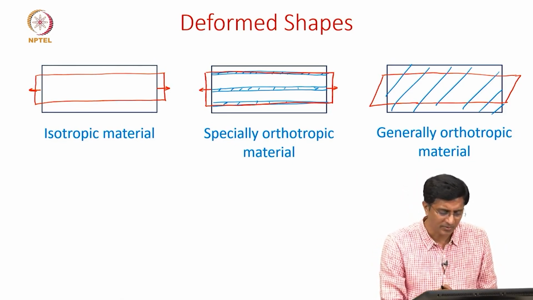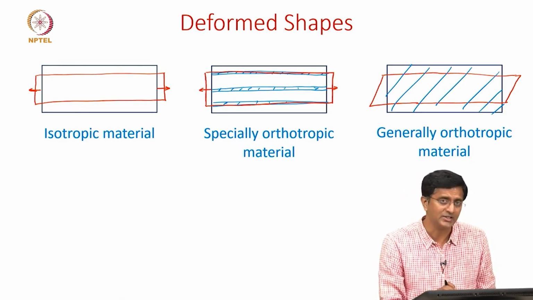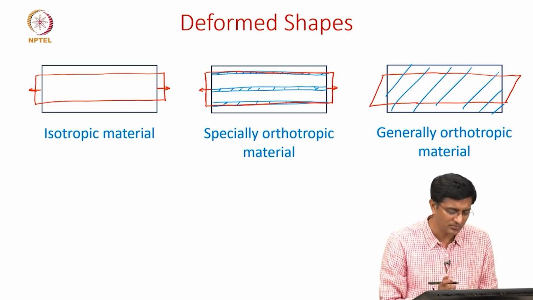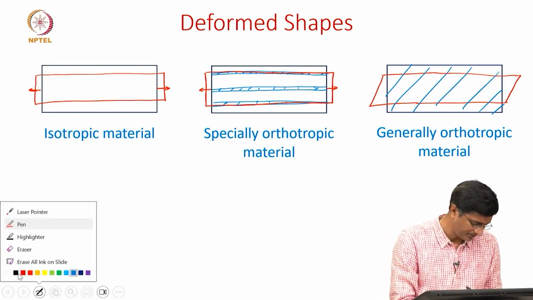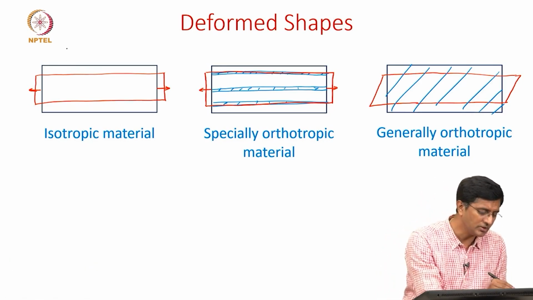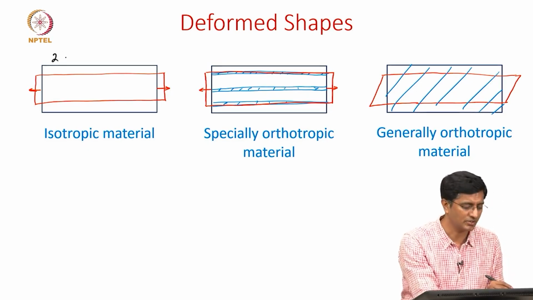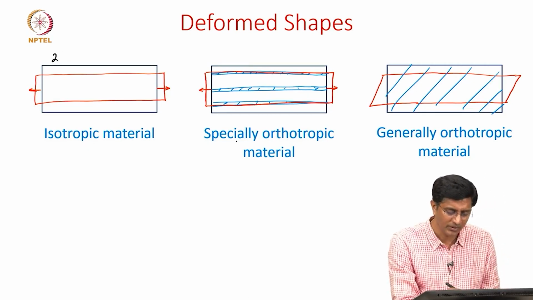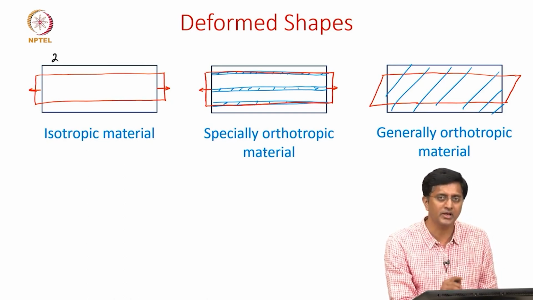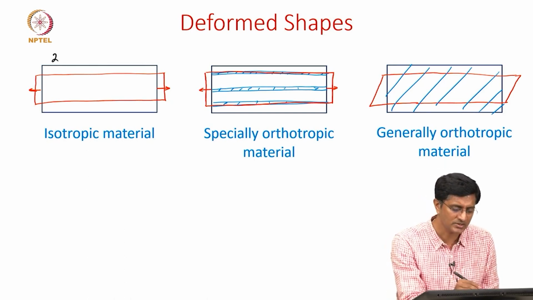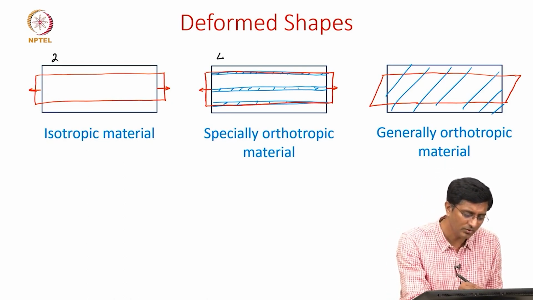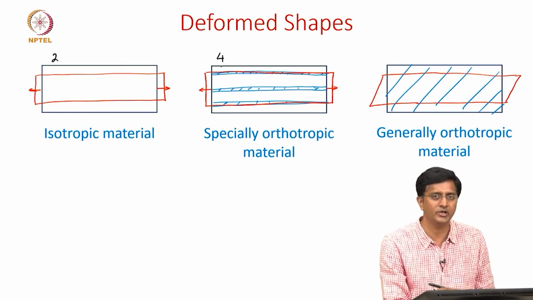So let's summarize the number of elastic constants we need for each of these materials. For isotropic materials, we know that we need two independent elastic constants. But for a specially orthotropic material, especially if we are looking at plane stress, we have shown that we only need four independent material properties. What are they?